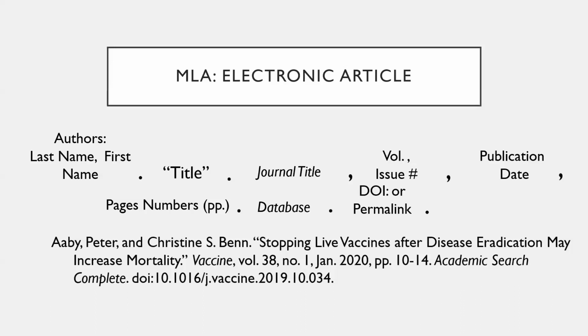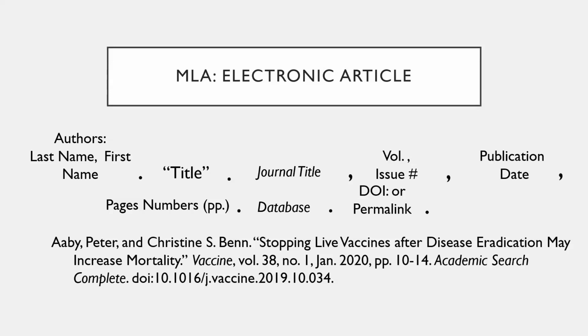Another thing with MLA and Chicago and Turabian is that only the first author is inverted. The rest are listed first name, last name. So I have Abbey, comma, and Kristen S. Bean. And then I have the title of the article in quotations, and I have it back in kind of normal capitalization, no sentence case.